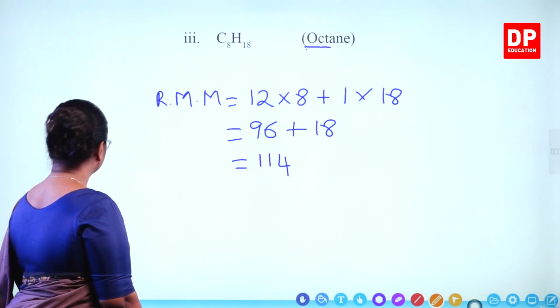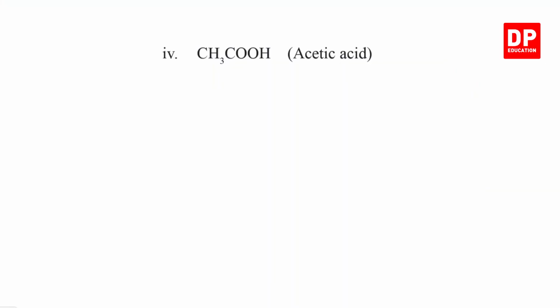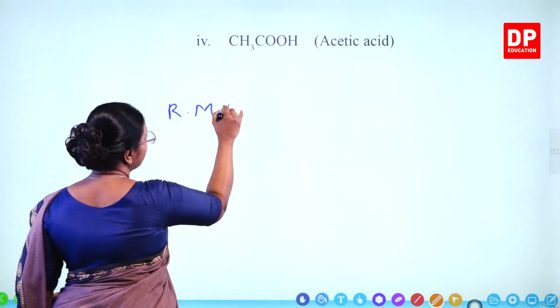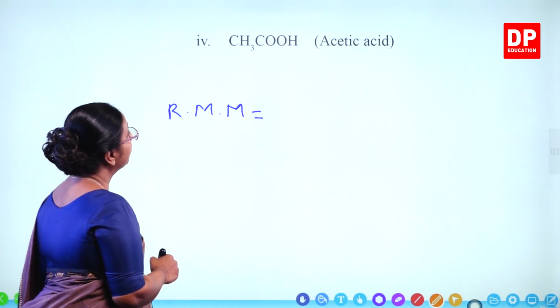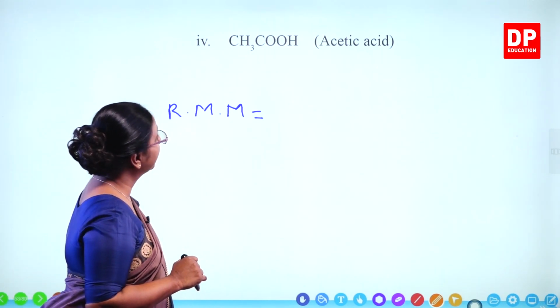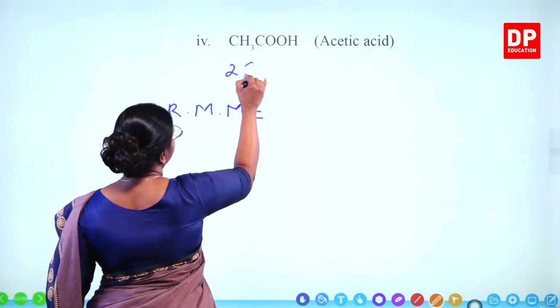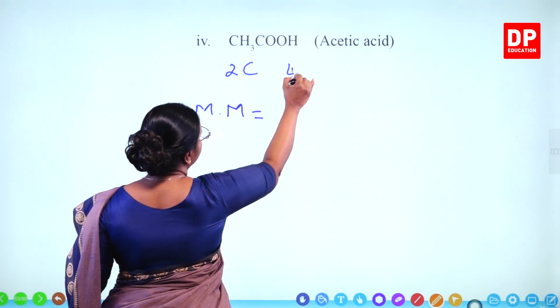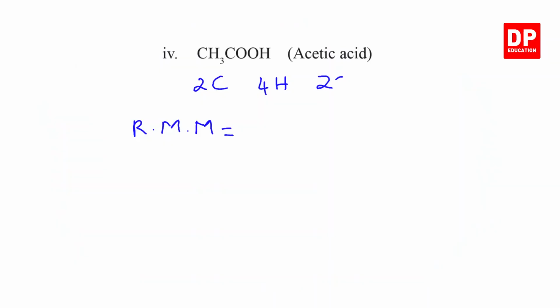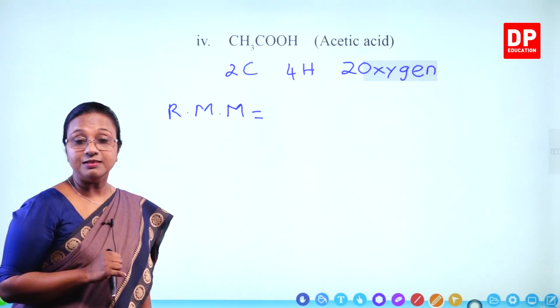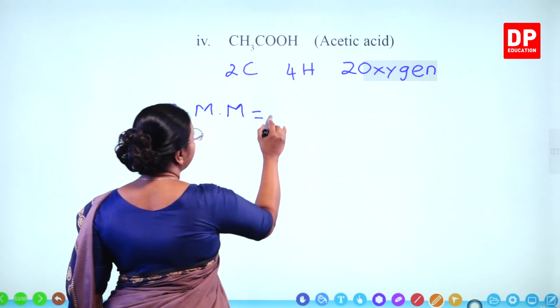Then the next one, CH3COOH is acetic acid. So here to calculate the relative molecular mass of CH3COOH, first is carbon. Now how many carbons are there? You can see there are 2 carbons. Then there are 4 hydrogens and there are 2 oxygen. So then you have to calculate the relative molecular mass.